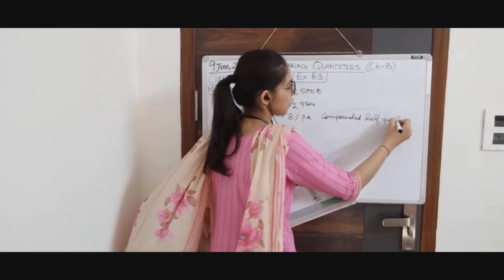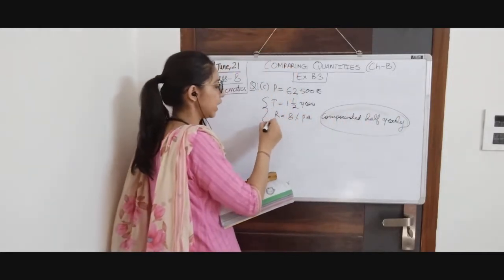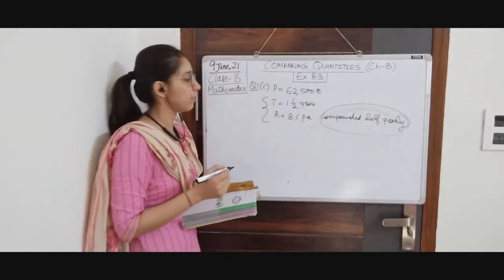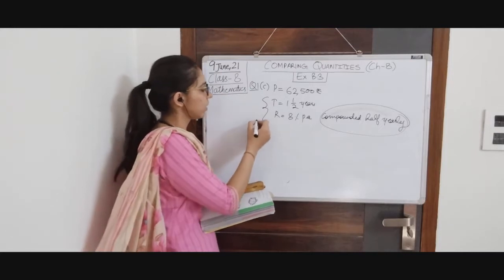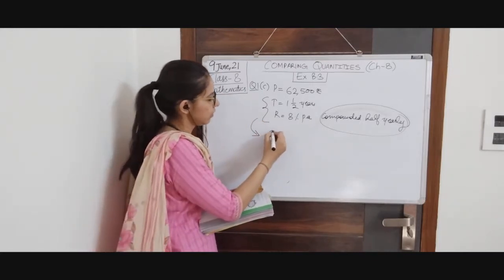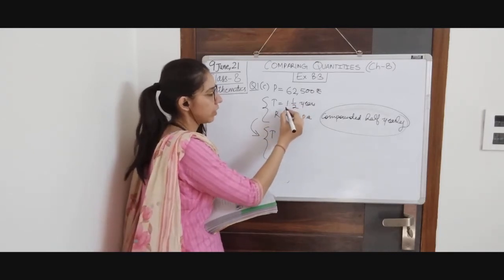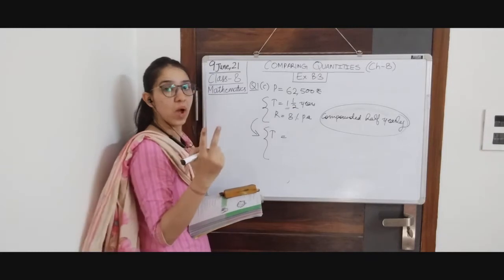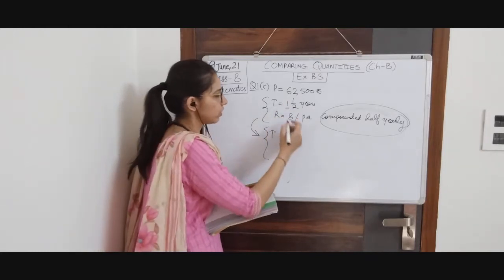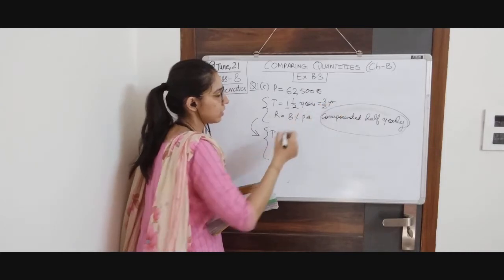It means your rate and time should be in half years. We will convert them with respect to half years. New time will be 1.5 years. In 1 year we have 2 half years, so you can simply write it as 3/2 years.